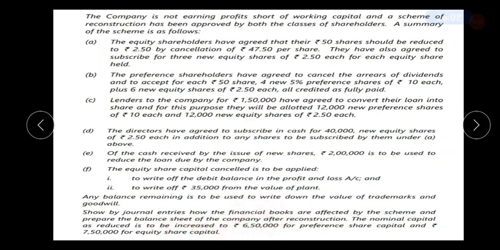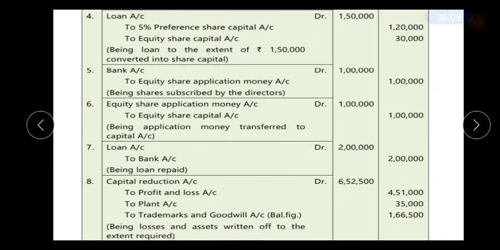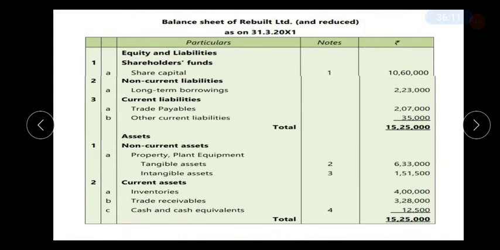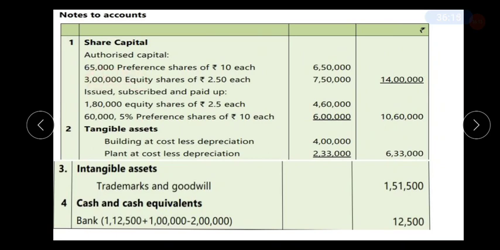It has to be increased, which was reduced. So how are you increasing the authorized capital? As given in the problem, 6,50,000 preference shares of rupees 10 each. That means how many preference shares? 6,50,000 divided by 10 is 65,000 preference shares. 7,50,000 equity share capital at rupees 2.50 face value. That means how many equity shares?